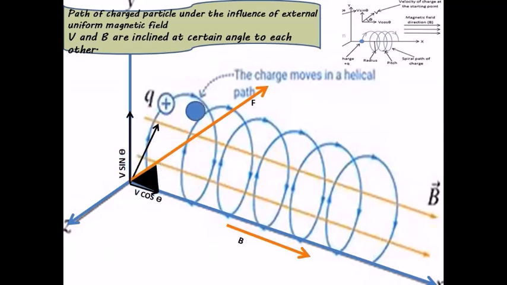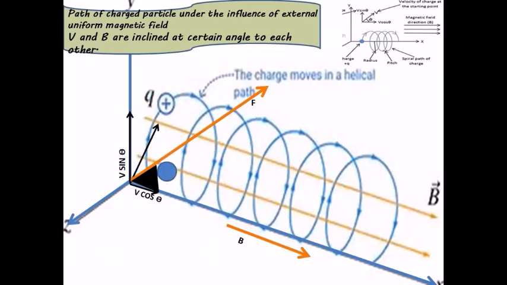Here what do you observe? This v cos theta component is along the magnetic field, but one component is still there which is perpendicular to the magnetic field, which is v sin theta. That means v sin theta is perpendicular to the magnetic field and should be perpendicular to the magnetic force as well. Look at the index diagram there: v has been resolved along two components, v cos theta and v sin theta.